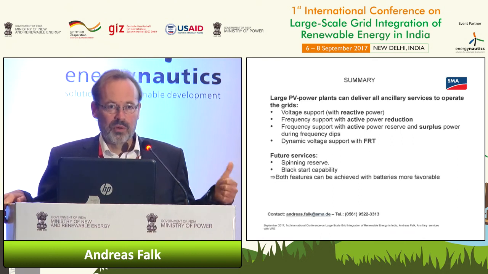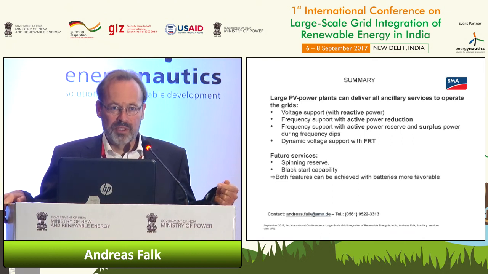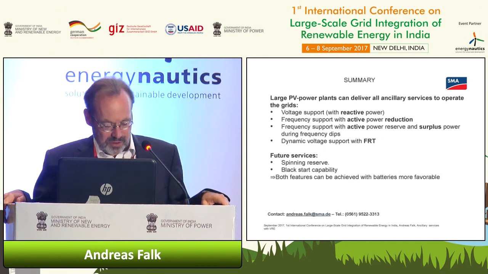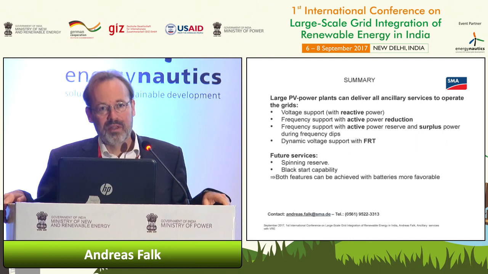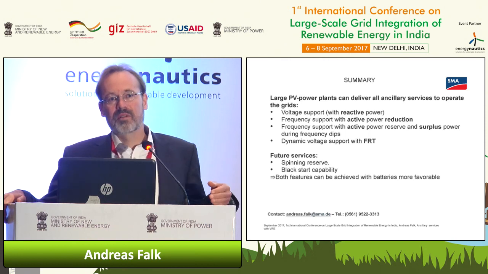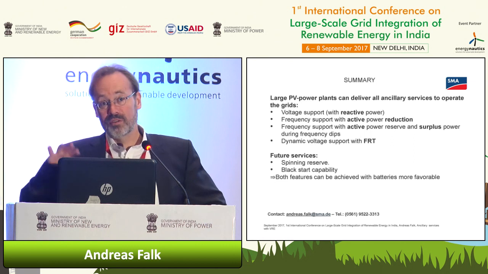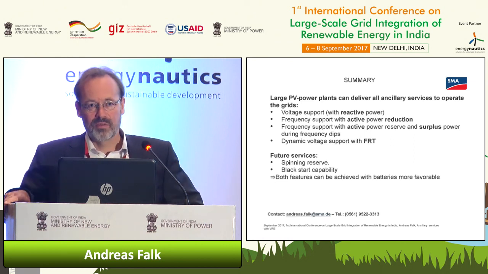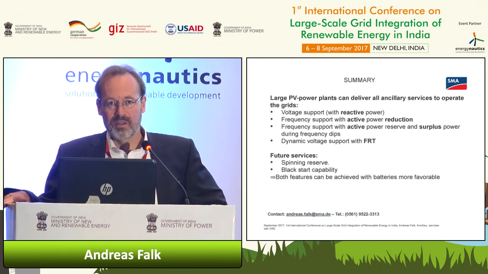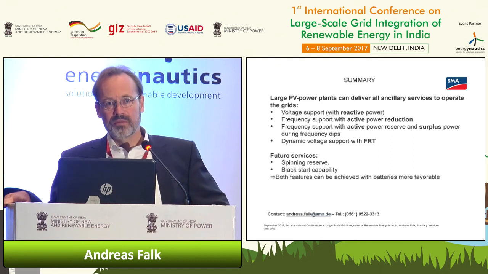The traditional support like voltage support, frequency reduction and dynamic voltage support, the PV power plant can provide in the same manner like the coal power plant too. Because the injectable reactive power, in case you reduce, of course, the active power to 0, is nominal apparent power.